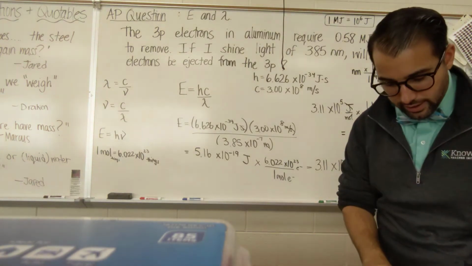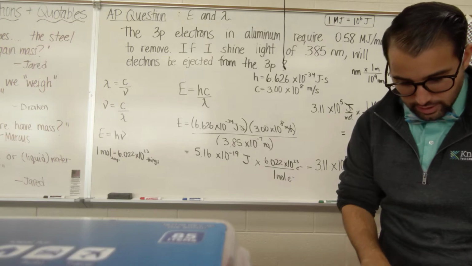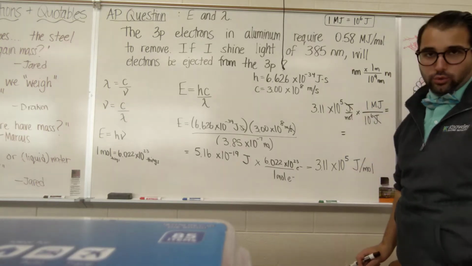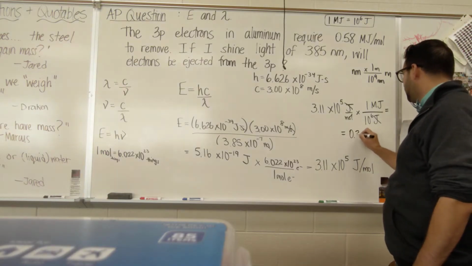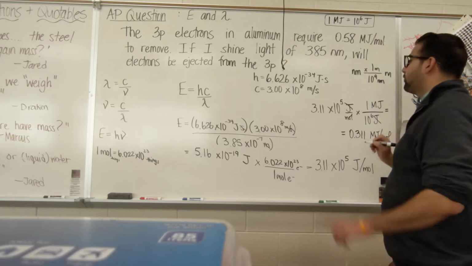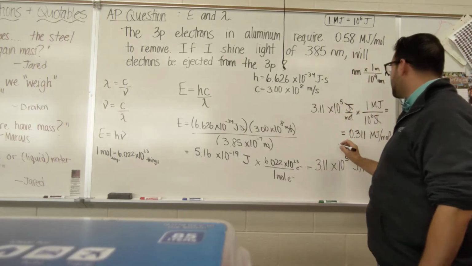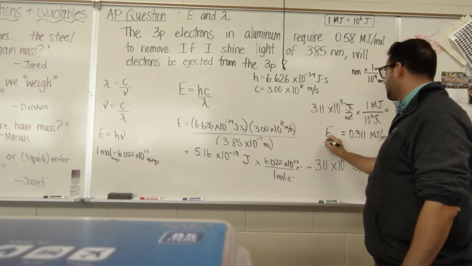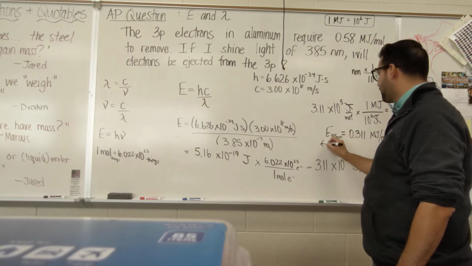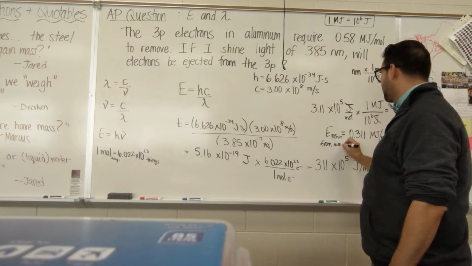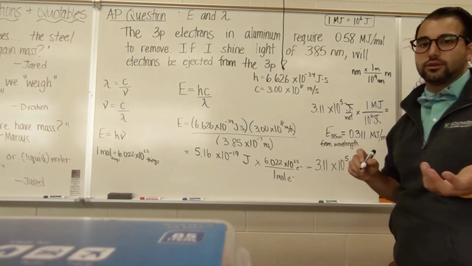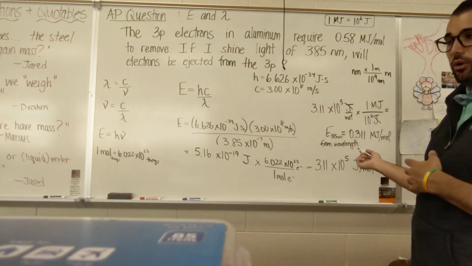If I do this correctly, I will get 0.311 megajoules per mole from the 385 wavelength, right? This is from 385 nanometers from wavelength. This is how I convert wavelength in nanometers to energies in megajoules per mole.